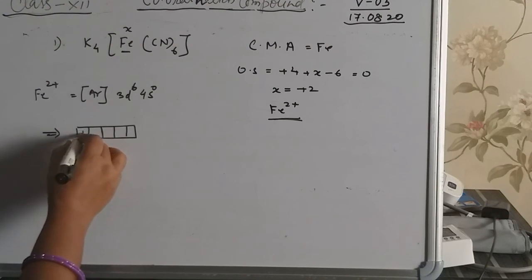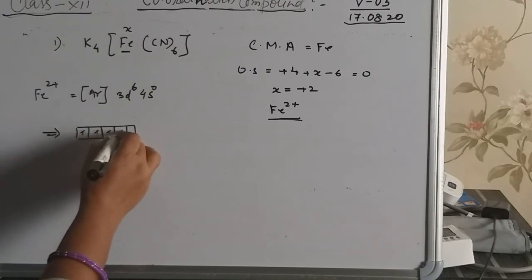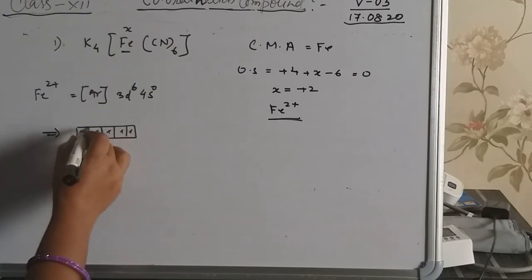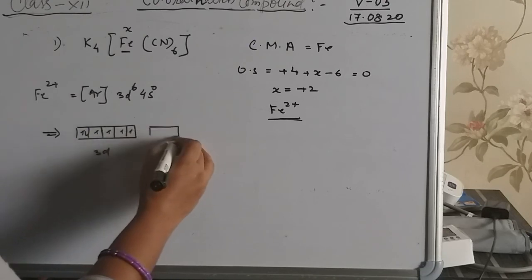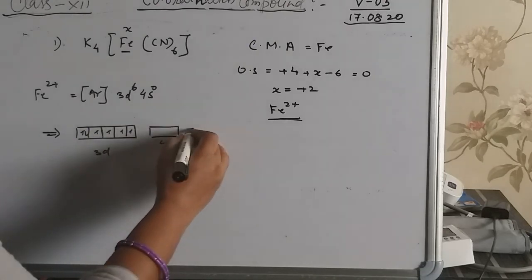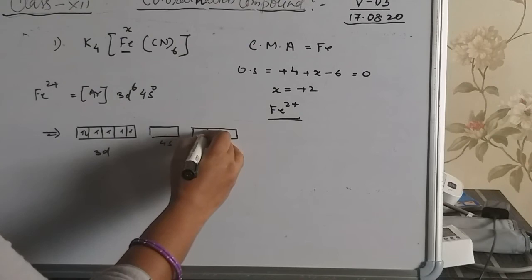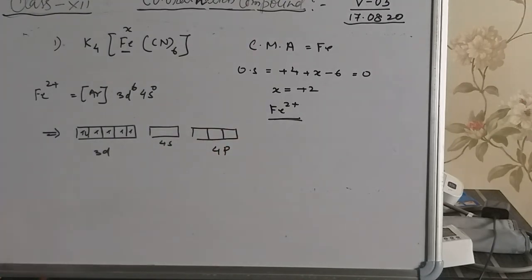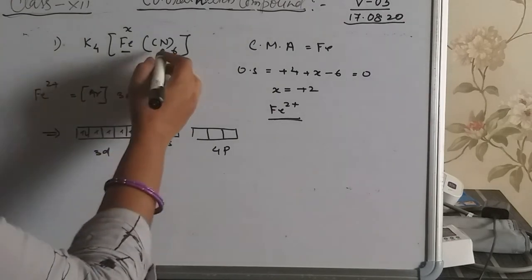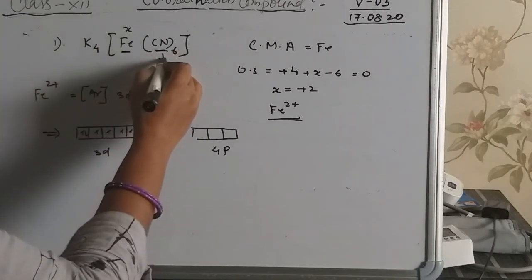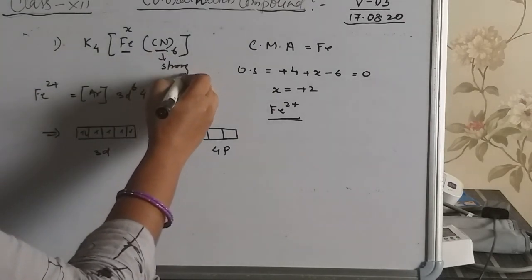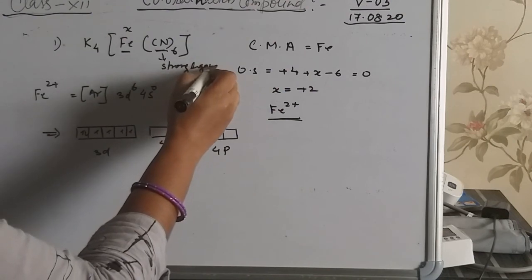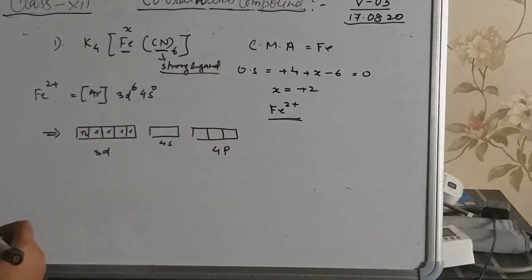So total how many? 1, 2, 3, 4, 5 and 6, and 4s is empty, 4p is also present. As we learned about the ligands, it is a strong ligand and it has the tendency to pair the unpaired electrons.